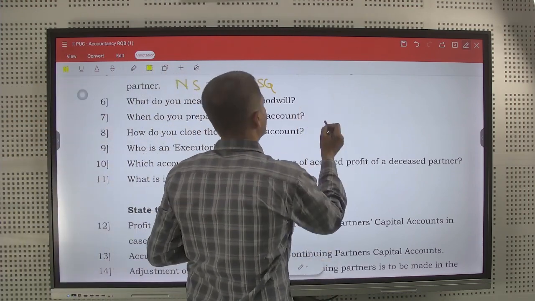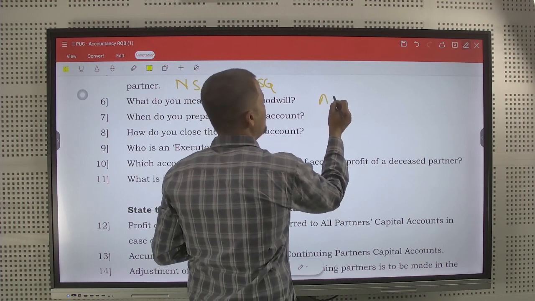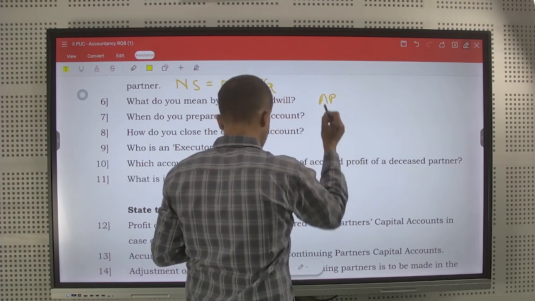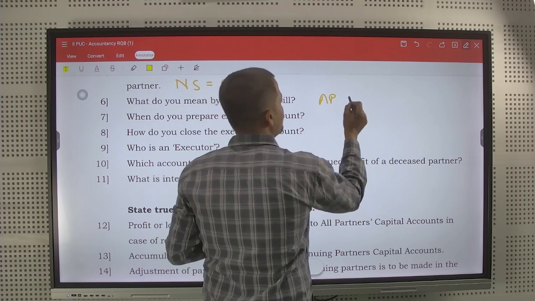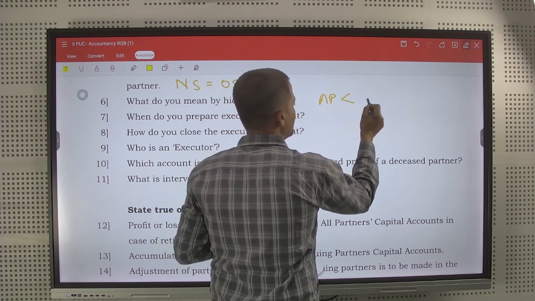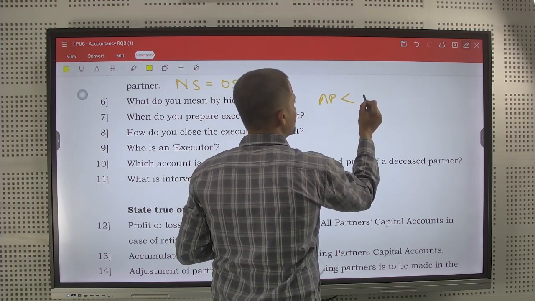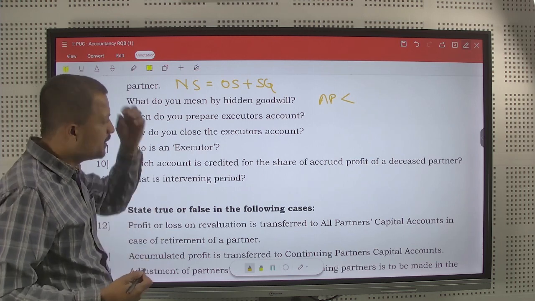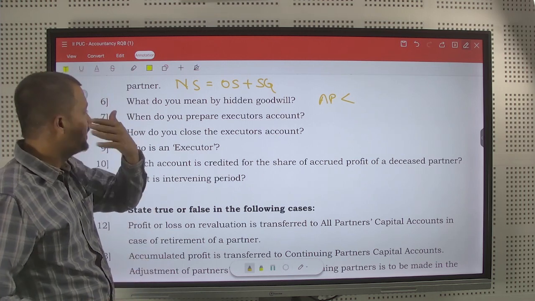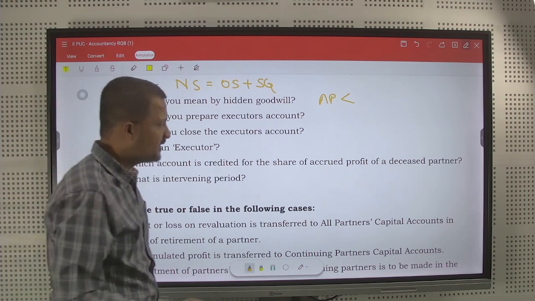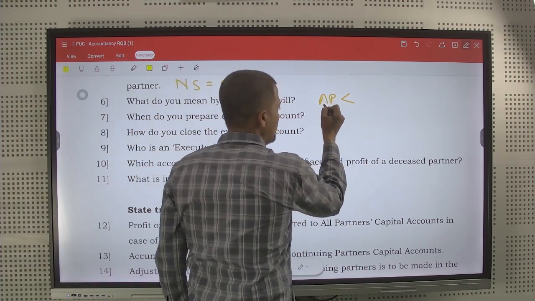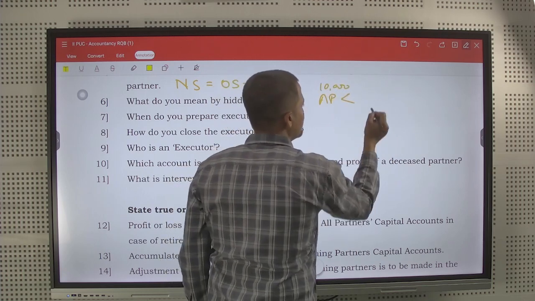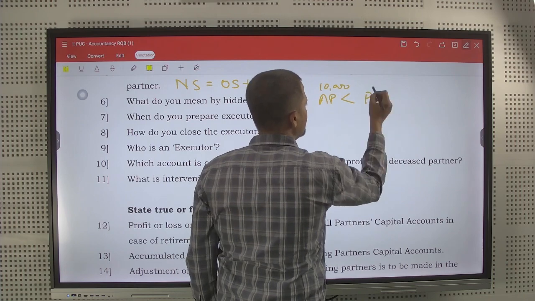Very simply, hidden goodwill is this: assume that the actual payment is 10,000, and the payment made is 15,000.